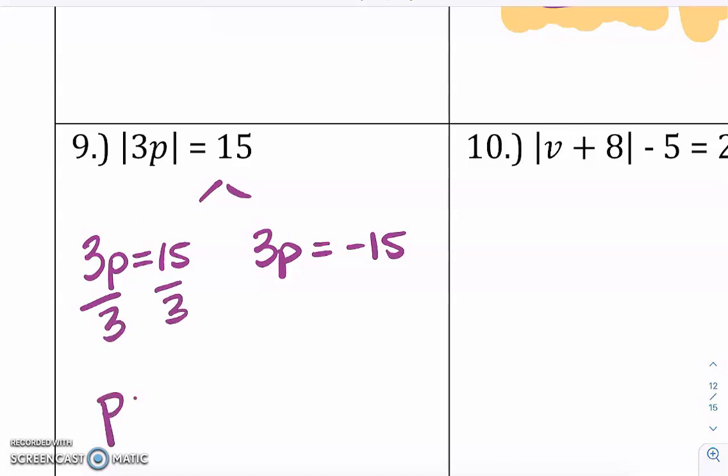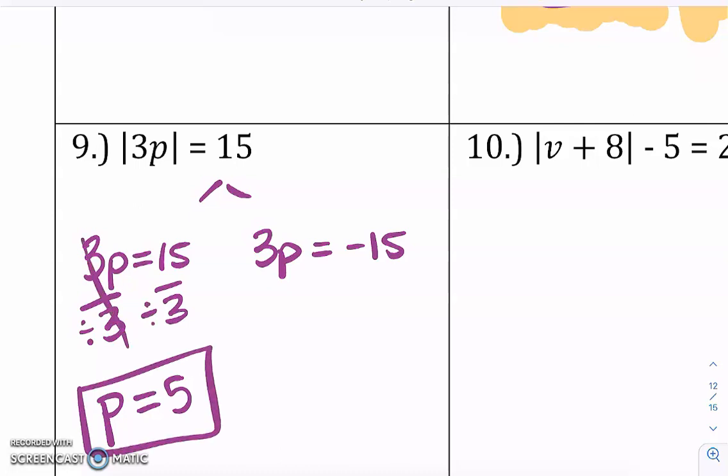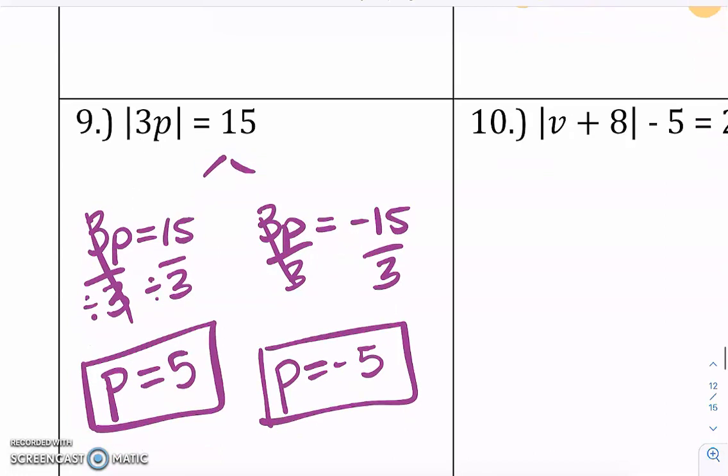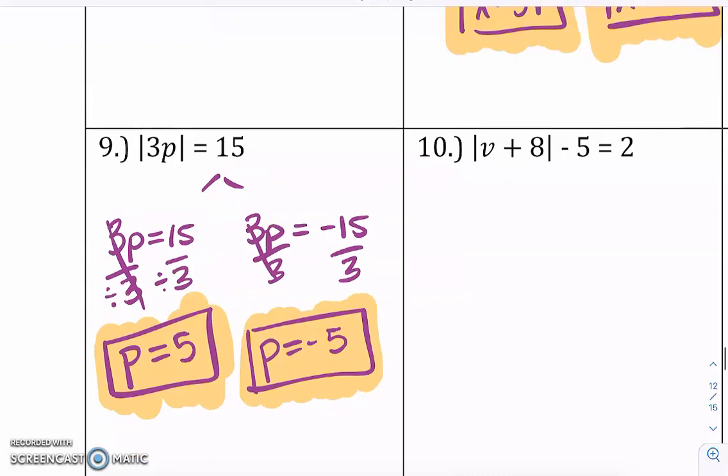Divide by 3. First answer you get is 5. Divide by 3. Second answer you get is negative 5. So yes, sometimes if the last step is multiplying, or the only step is multiplying or dividing, you will get the same positive and negative answer. It's just that that's how it works.